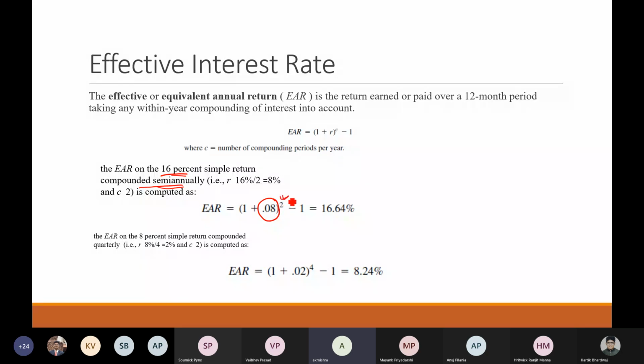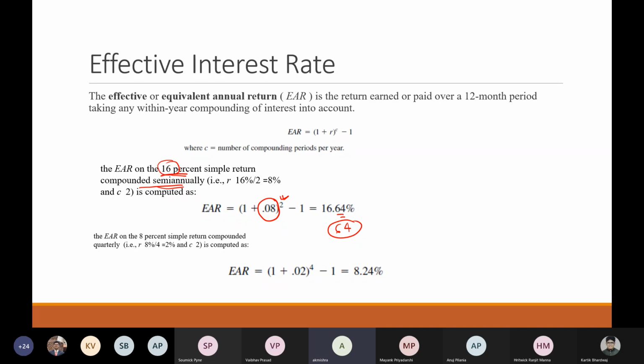M in this case is 2, minus 1. So of course, when it is reported that your interest rate is 16%, but because of the compounding characteristic, 64 basis points additional return you will get. So that difference is coming only because of compounding.